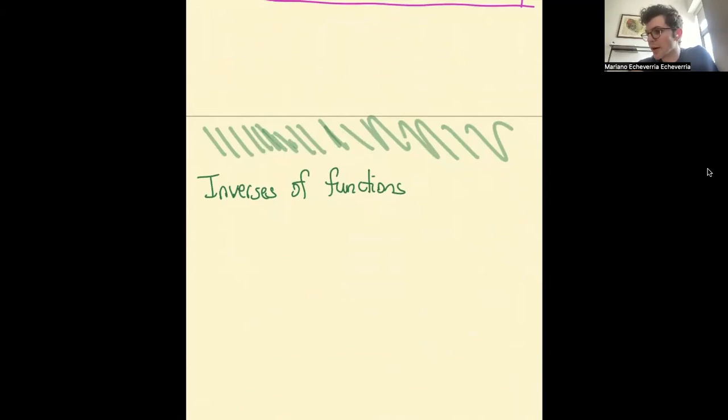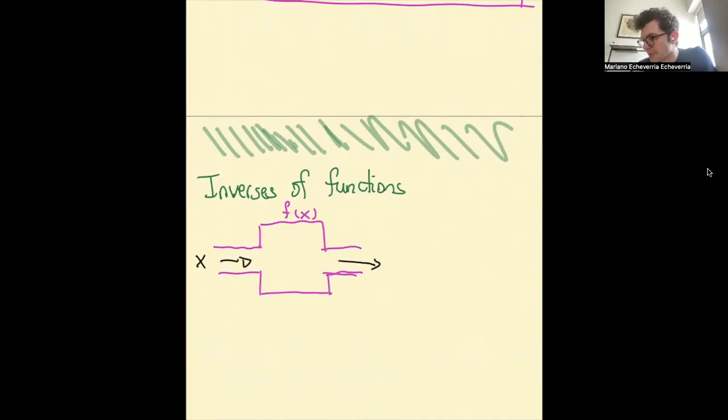If you remember, I told you could think of a function as a machine, where you feed into the machine the number x, and it will spit out the value of the function evaluated at x.